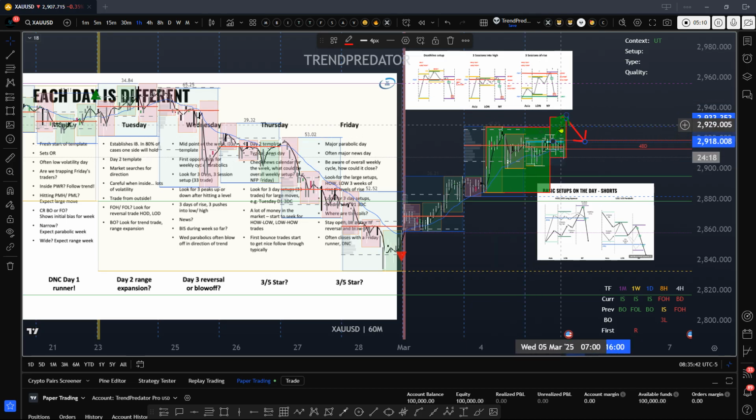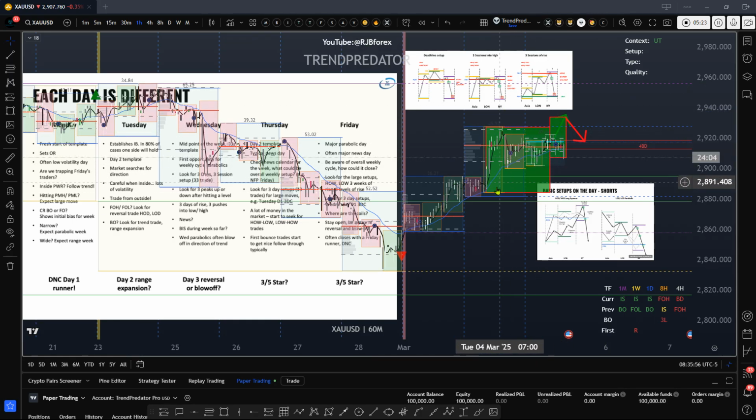So we've got session 1, sessions, because they're inside sessions, we just take the breakout, which was London yesterday. So session 1, session 2. Again, Asia was an inside session, so we just block that off as included in the New York breakout, session 3.